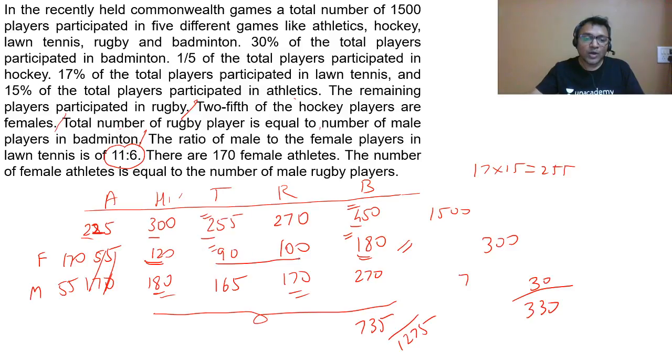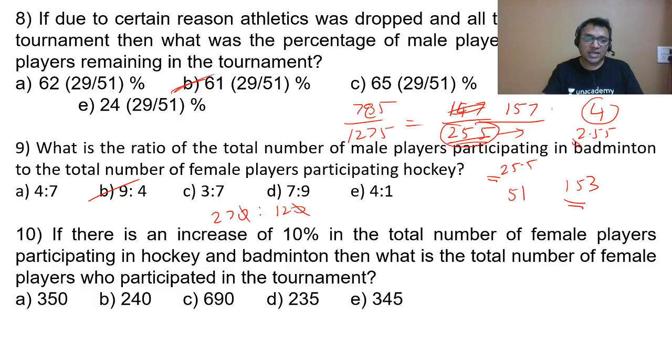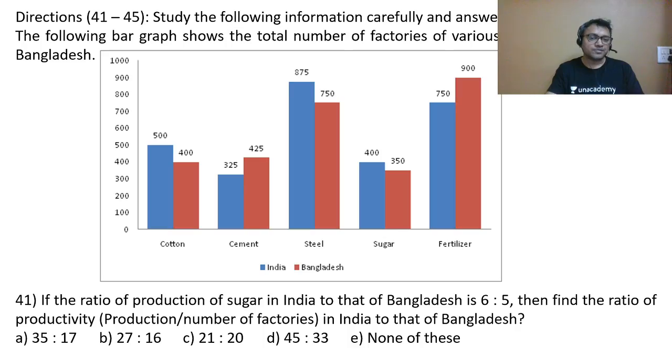Plus you have 190 plus 170, which is 360. So you get 690 as the answer, which is C option. Anyway, the options were far off. You could have got the answer by a little approximation also. You could have made out the value is very high, all the options are quite low, and you can get the answer. Good.